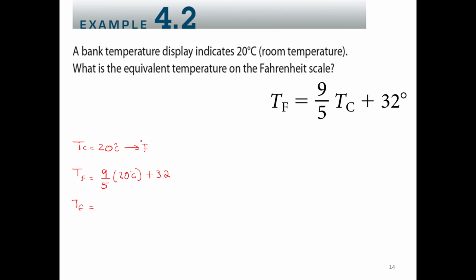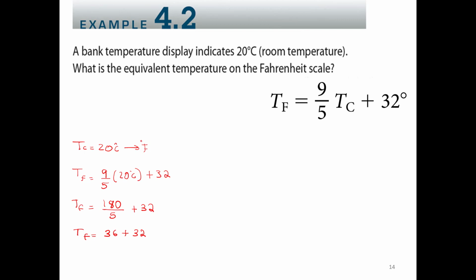Then 9 times 20 is 180, divided by 5 is 36. Now we add them.